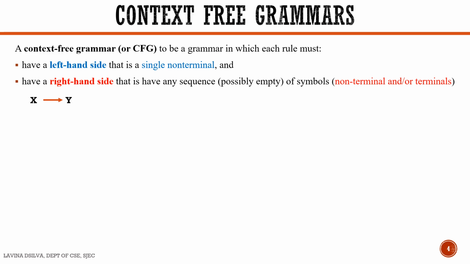So the format of the rule we know is X tends to Y. The left-hand side of the rule consists of only a single non-terminal, whereas the right-hand side of the rule really does not have any restriction. There is no restriction on the type of the symbols which can appear in the RHS.